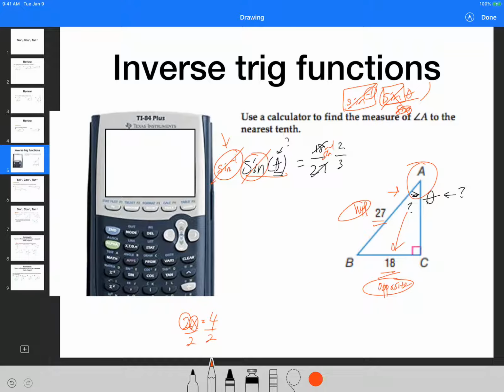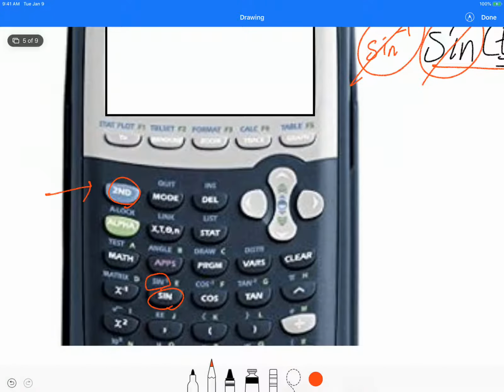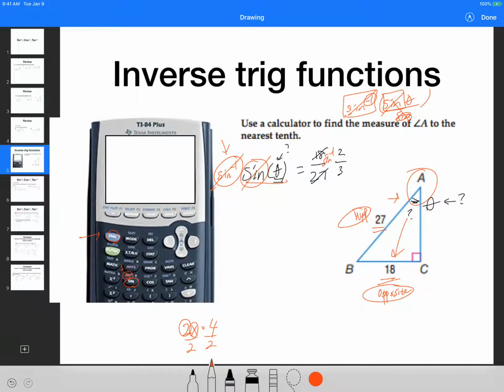It turns out that if you press the second button on your calculator, okay, everyone take a calculator, and go to second and then press sine, on the blue, I hope you notice that there is this button here that says sine to the negative first power. And so that's exactly what we're going to use.